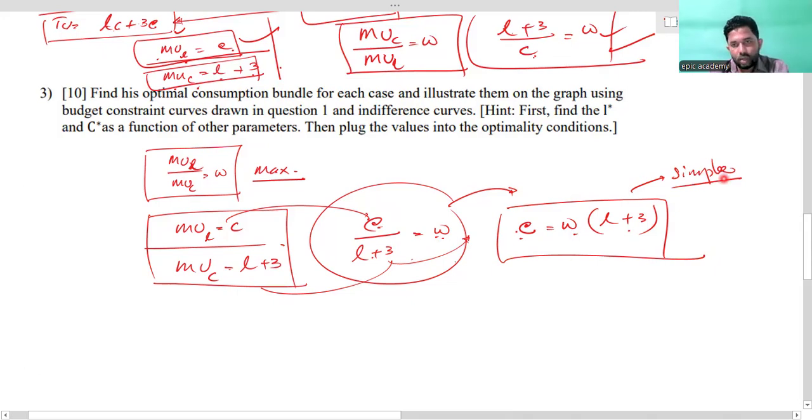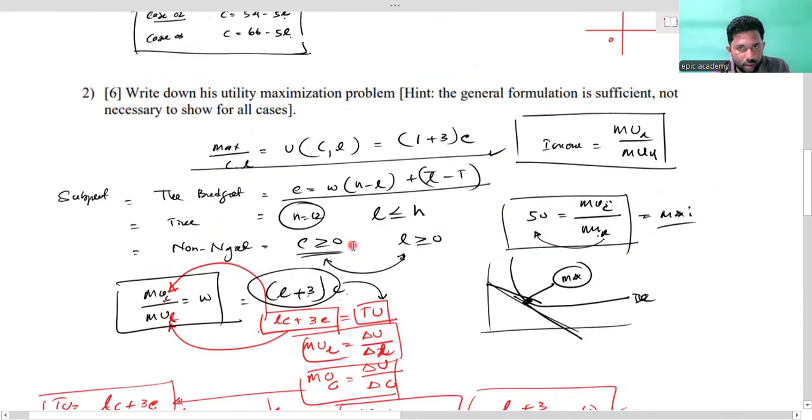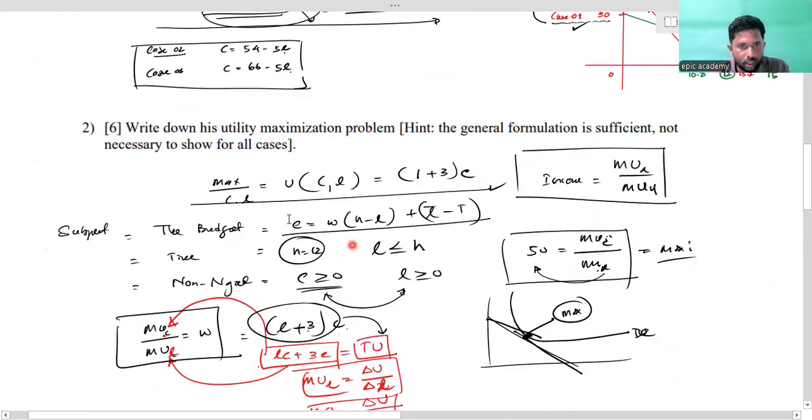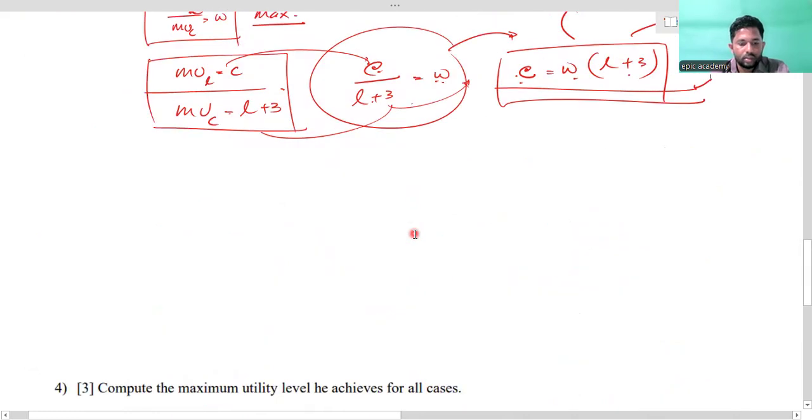Then you can calculate the maximum bundle for each case. So this equation represents the maximum utility level. Then you already identified that this equation considers the budget constraint, right?